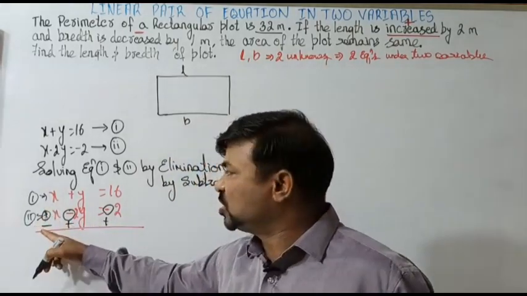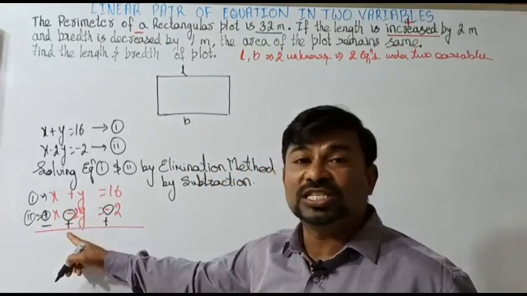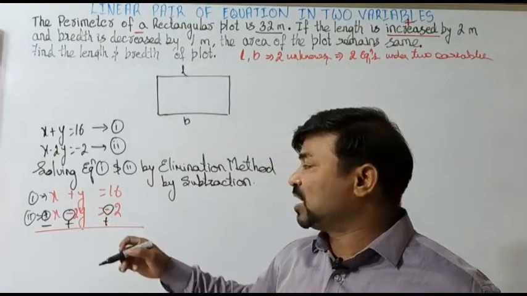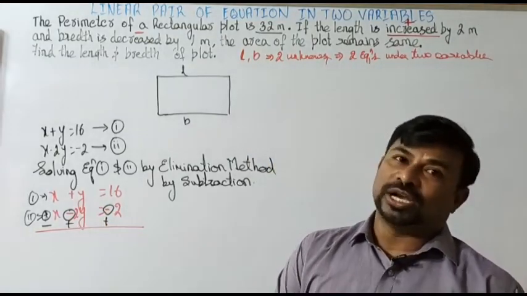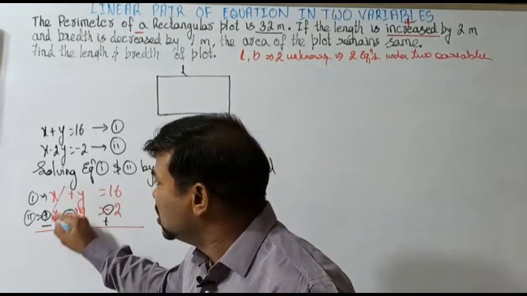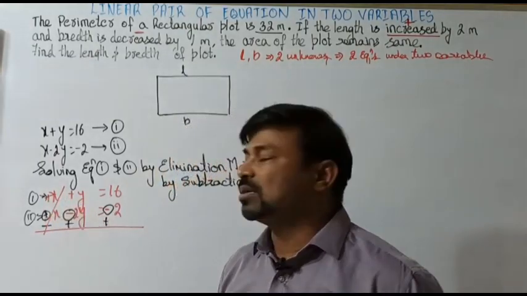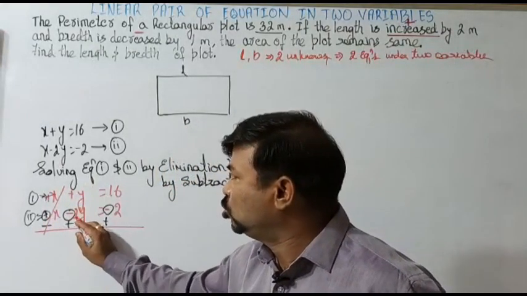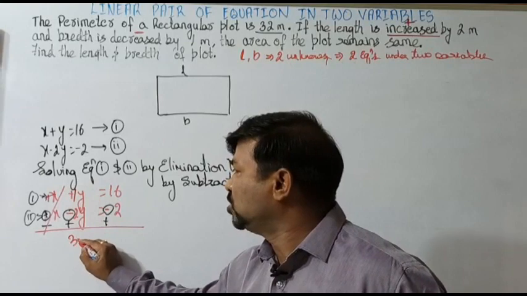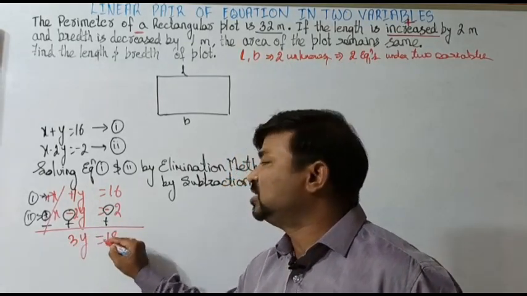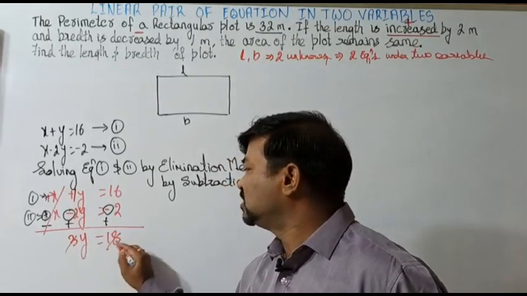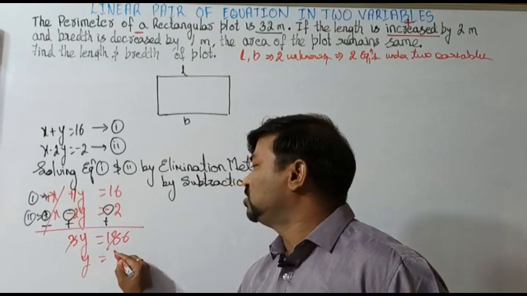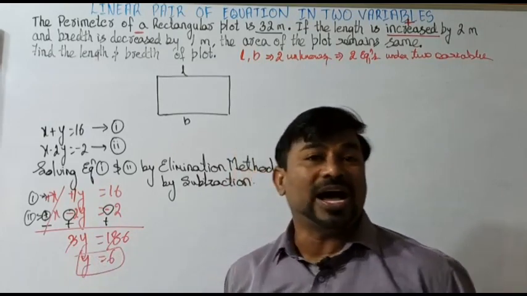We have plus, we change it to minus. We have minus, we change it to plus. Then straight away you cancel plus x and minus x. And if you check it out, 2 and 1, it becomes 3y. It's nothing but 18. So 3 sixes are 18. Y is equal to 6. We got the value of y.